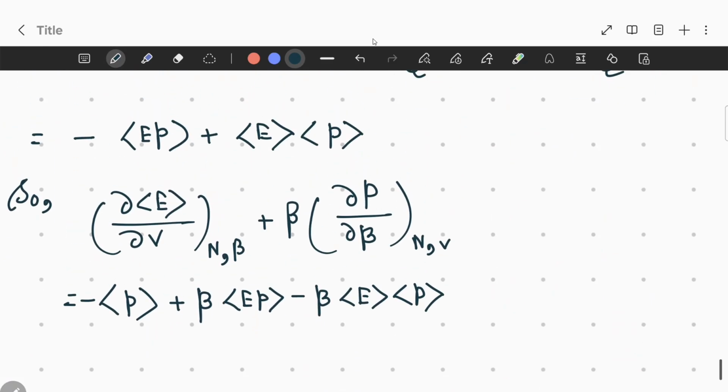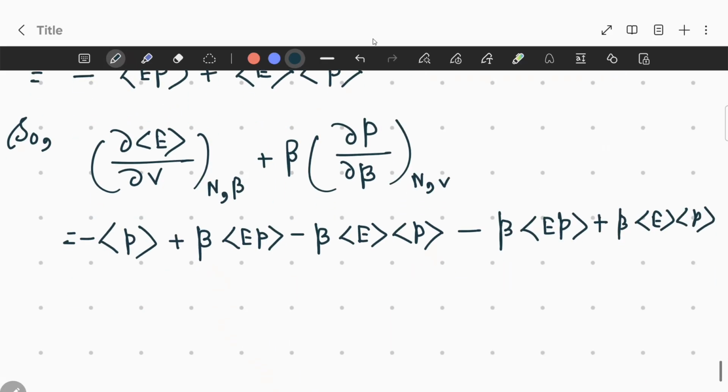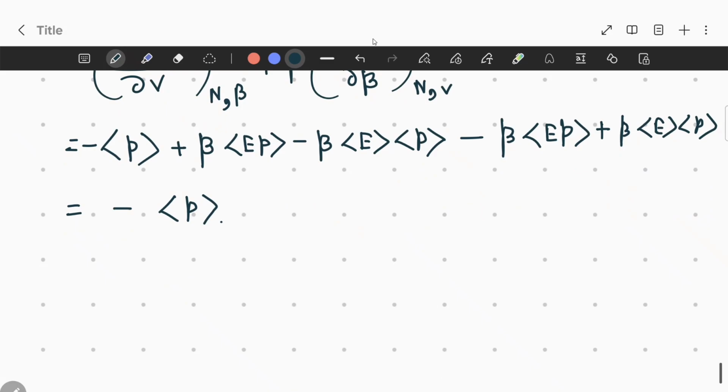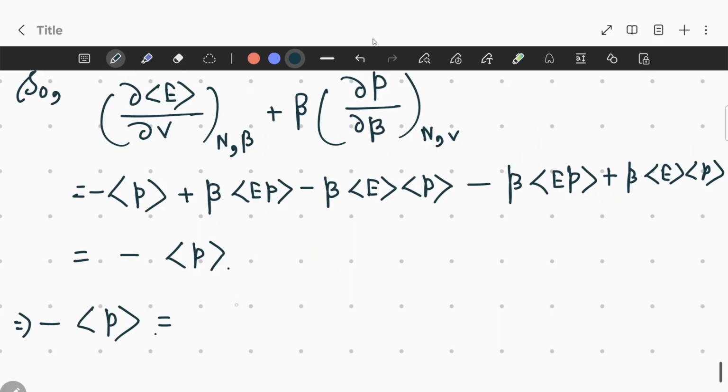And from here it is minus beta E P average plus beta E times P average. So what you will get is just minus P average. So we can write that minus P average is equal to del E average by del V.